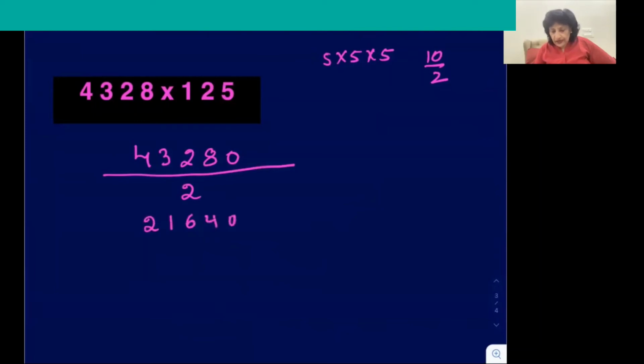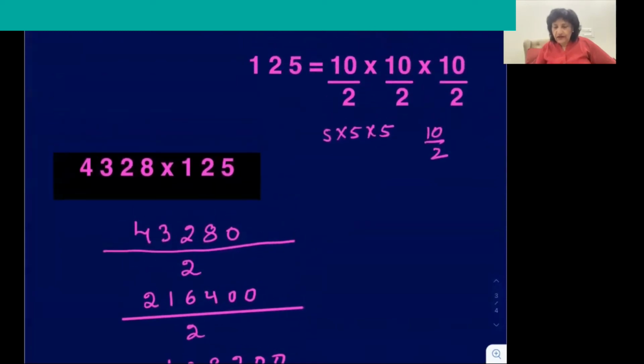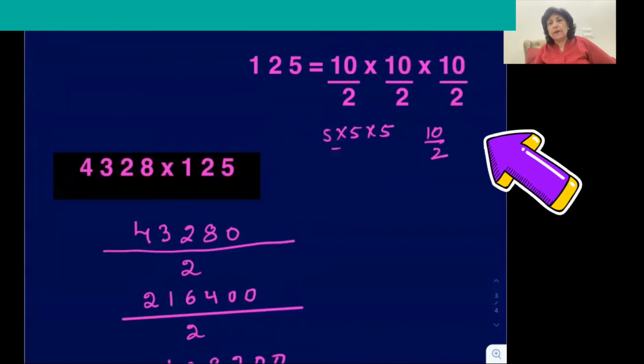Now I again repeat these first two steps. I join one more 0 to the end of the number and again divide by 2. What do I get? 1, 0, 8, 2, 0, 0. I repeat this step again because we have to multiply by 5 raised to the power 3.